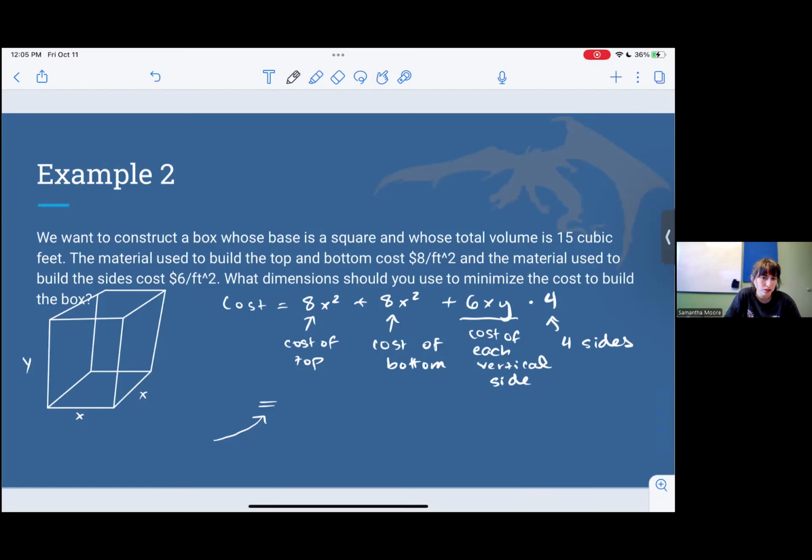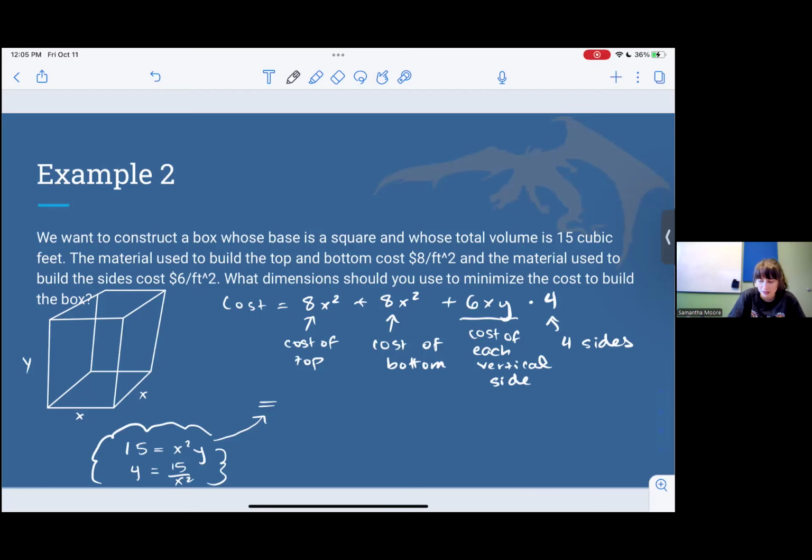We haven't yet taken into account that the volume of our box should be 15 cubic feet. The volume of the box is x squared times y, so 15 equals x squared y. In other words, y is going to be 15 over x squared.